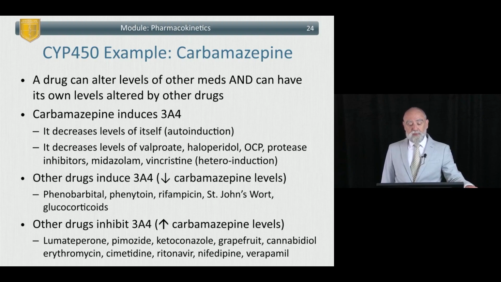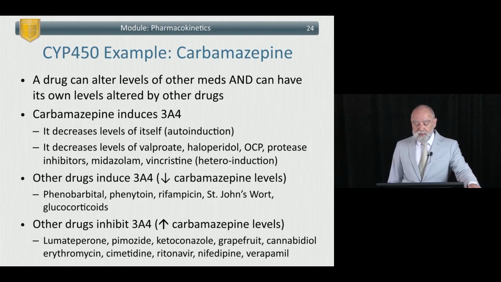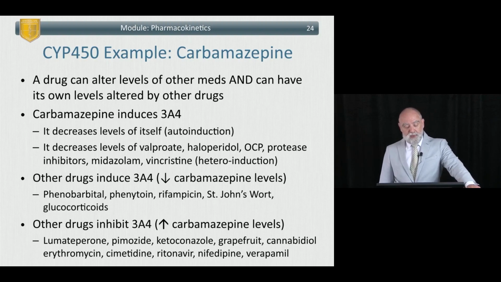Other drugs can induce 3A4, thus decreasing carbamazepine levels, and it includes phenobarbital, phenytoin, rifampicin, St. John's wort, and some glucocorticoids. And then other drugs can inhibit 3A4, thus increasing carbamazepine levels, such as lumateperone, pimozide, ketoconazole, grapefruit, cannabidiol, erythromycin.